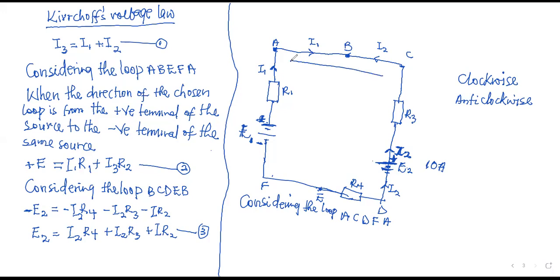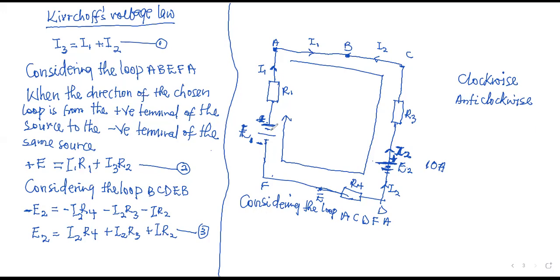So here I'm going clockwise: A, C, D, F, E. Now, per the loop, what will be the polarity of this? Would E1 be positive or negative? Don't forget, we have two sources of EMFs within this chosen loop.